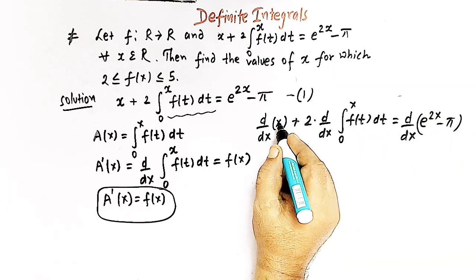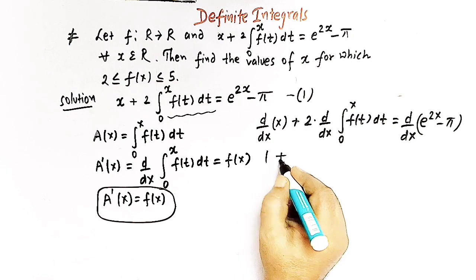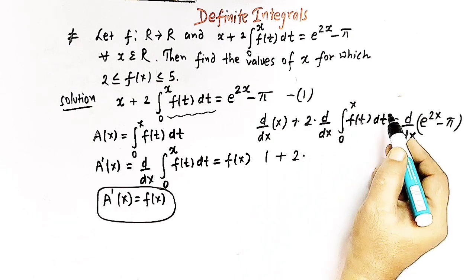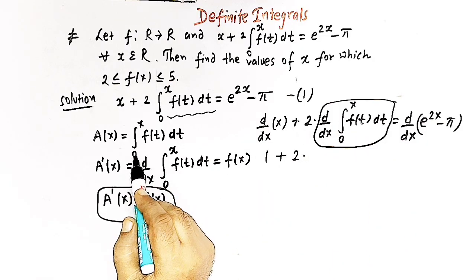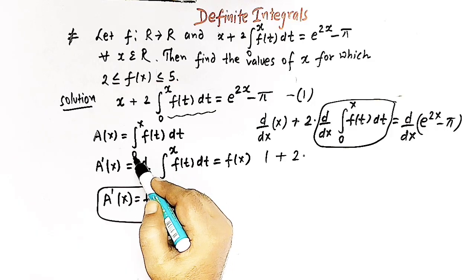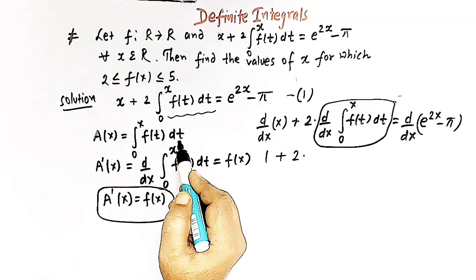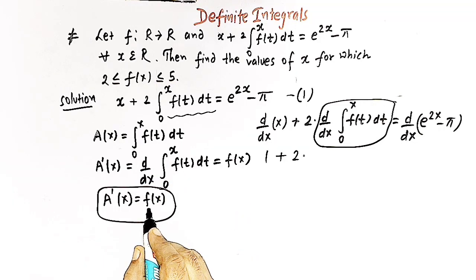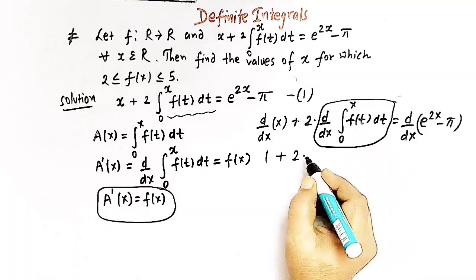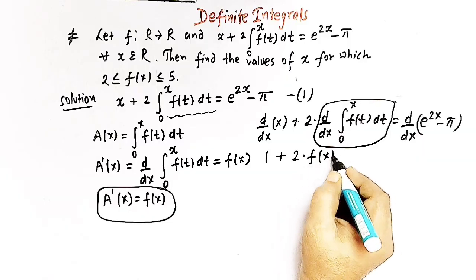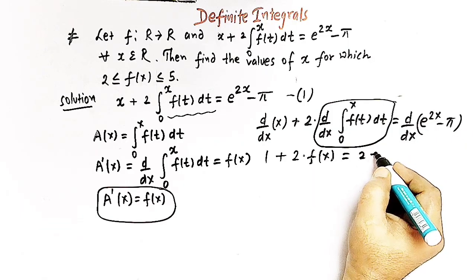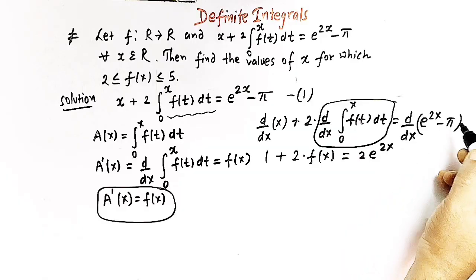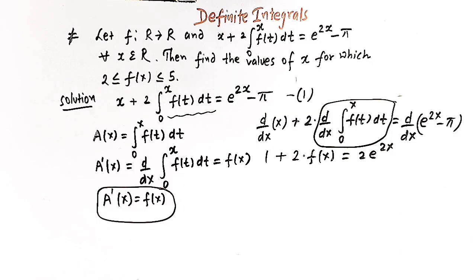Now the derivative of x with respect to x is 1, and here we have 2 times. Now using this result, the derivative of the integral 0 to x f of t dt is equal to f of x. So here we have 2 times f of x, and here the derivative of e raised to 2x is 2 times e raised to 2x, and the derivative of pi is 0, being a constant.